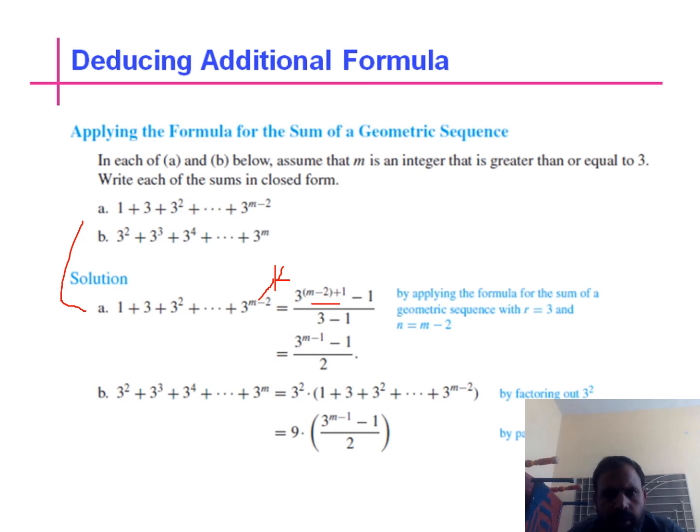And in the second part B, it can be written as 3 square into (1 plus 3 plus 3 square up to 3 raised to the power m minus 2), so this becomes 9 times, using the formula, (3 raised to the power m minus 1) over 2.